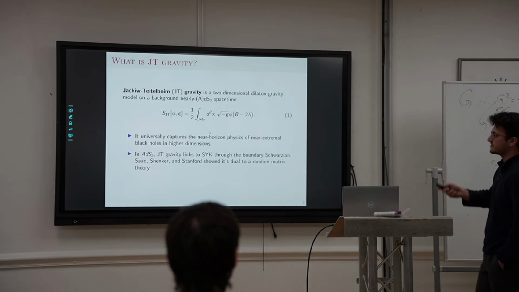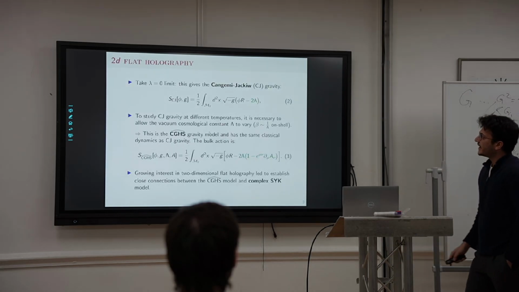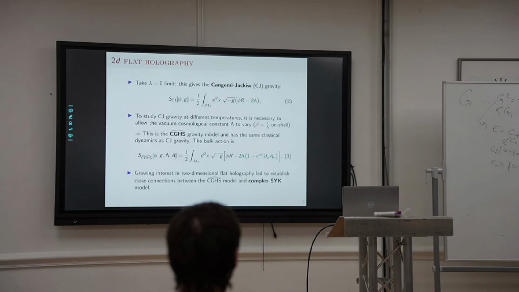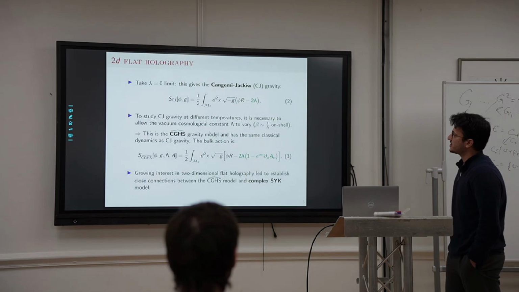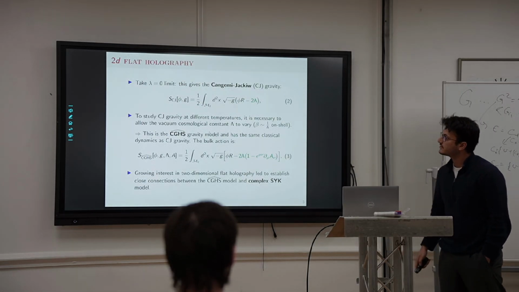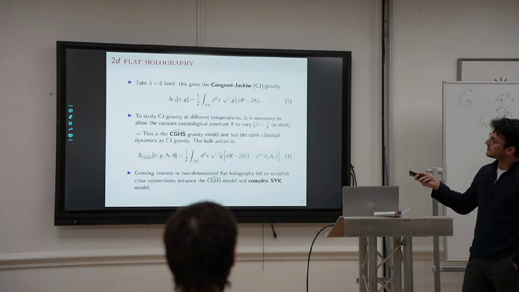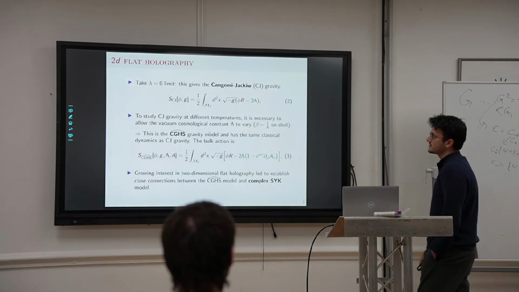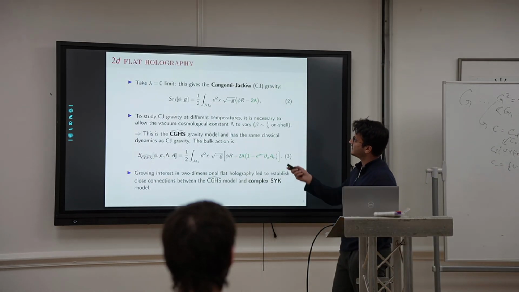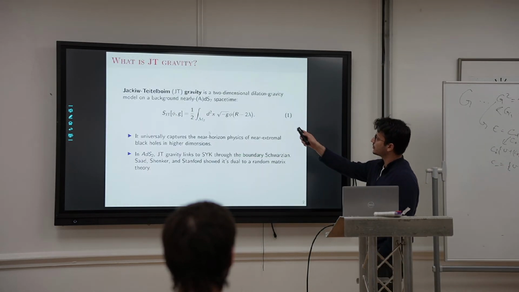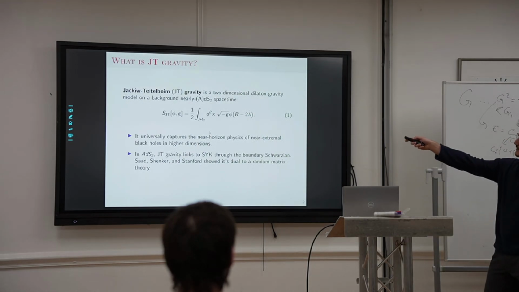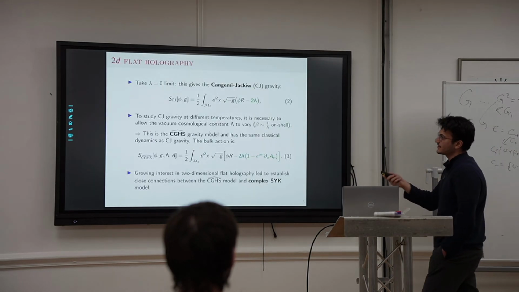If you open arXiv, you see all of these. There is also another interesting limit of JT gravity, another two-dimensional dilaton gravity theory, usually in the context of flat holography in 2 dimensions. It's basically just taking this little lambda to 0. So you might expect you just get phi R, and you might say, what do we do with that?